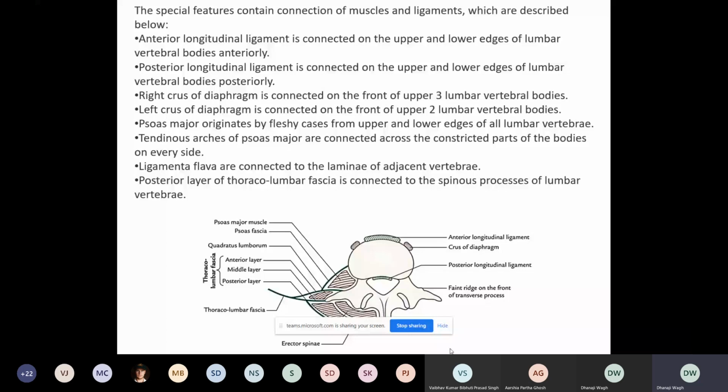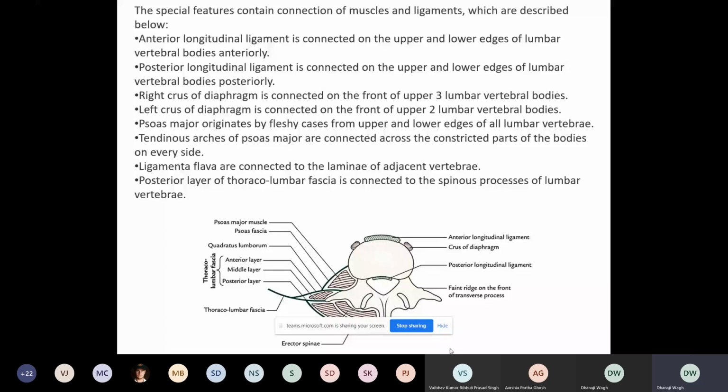Psoas major arises by fleshy slips from the upper and lower edges of the lumbar vertebrae. Then tendinous arches of the psoas major are connected across the constricted part of the bodies on every side. Ligamenta flava are connected to the laminae of the adjacent vertebrae. See all this in the diagram also.